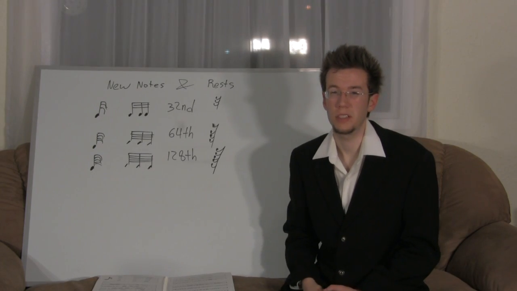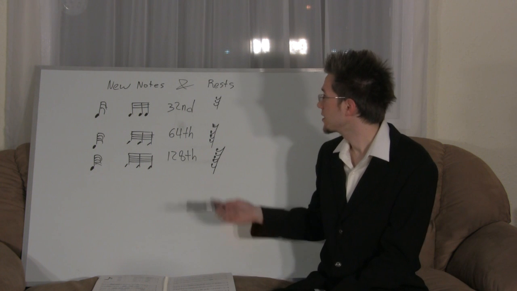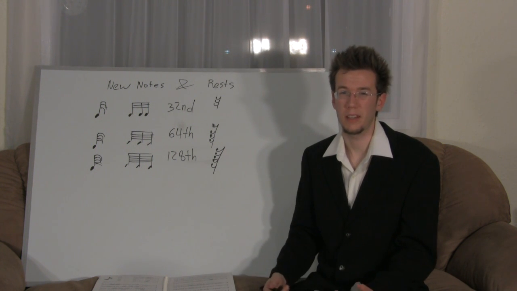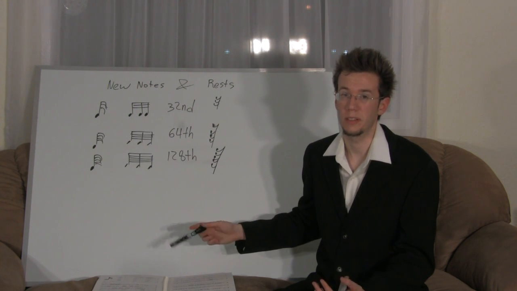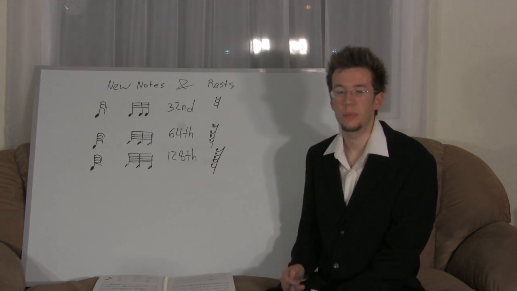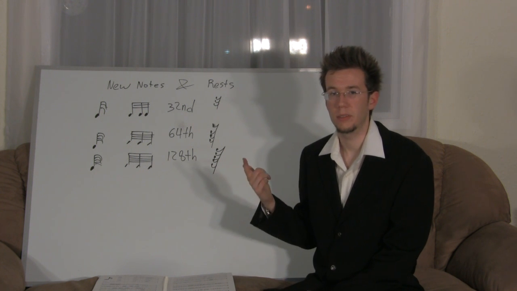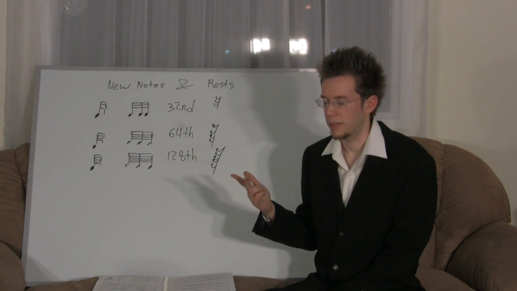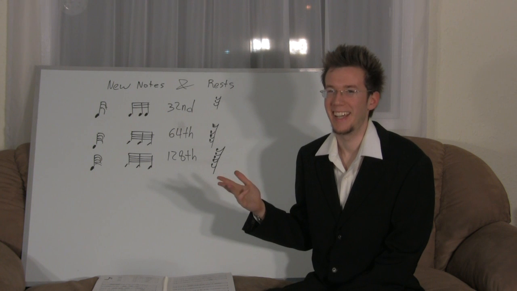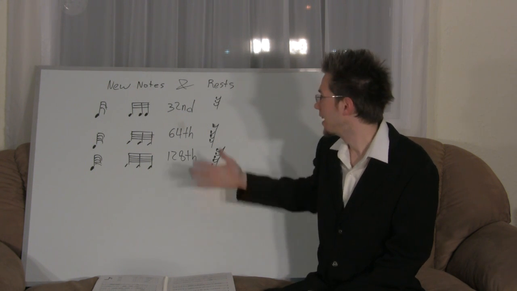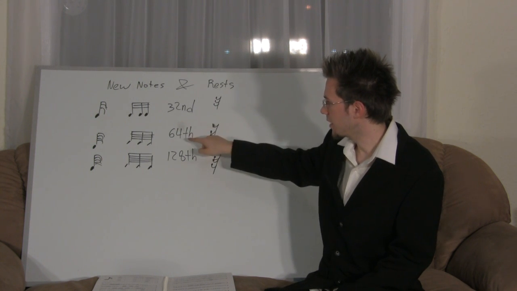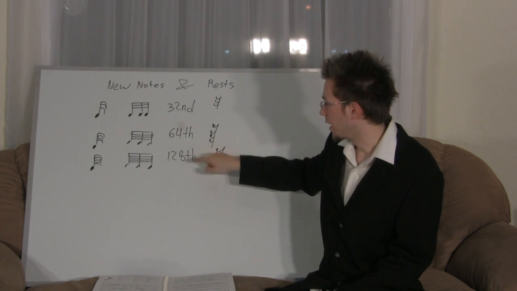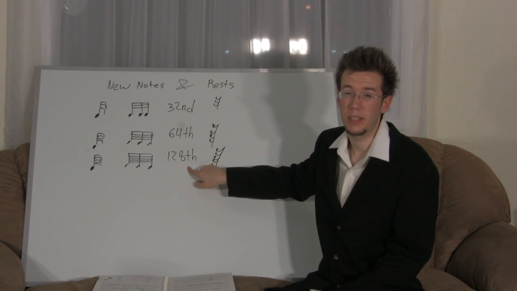So let's get started. The first thing we're going to add in really quick is new notes and new rests. They're really not that hard to grasp, so just take a quick look and then we'll move along. We had whole notes, half notes, quarter notes, eighth notes, 16th notes, and now below the next one is a 32nd note, then after that is the 64th note, and then the final one is the 128th note.